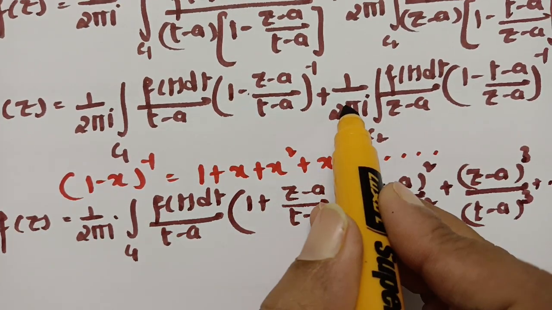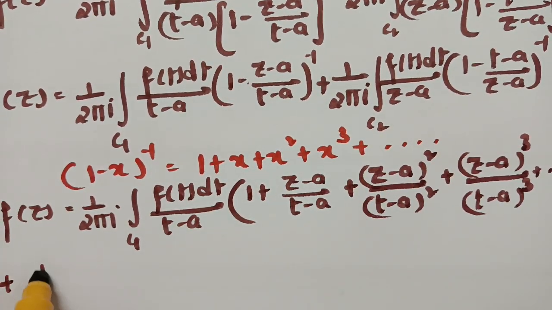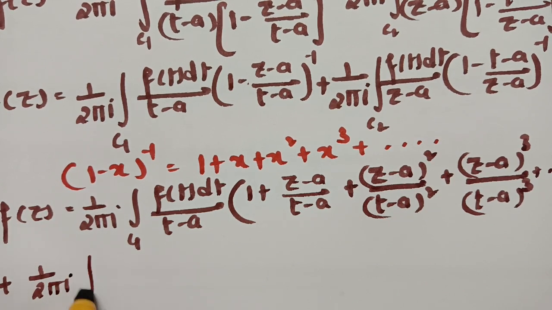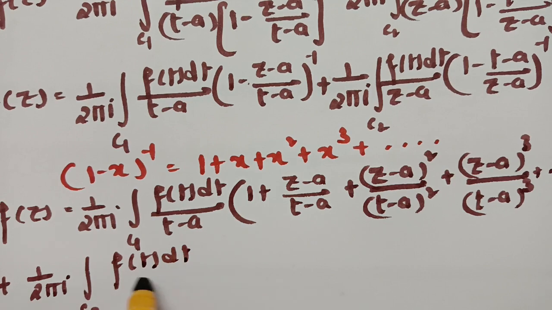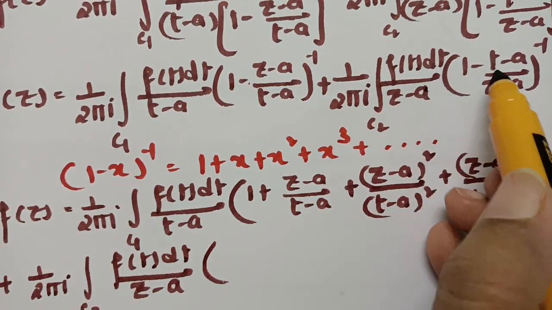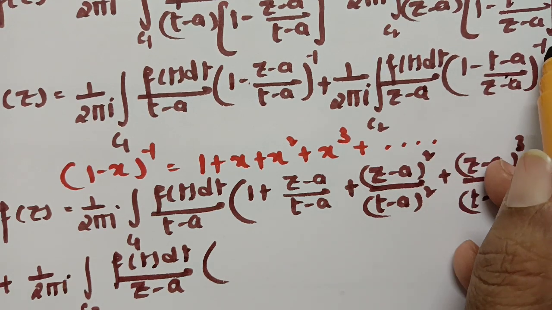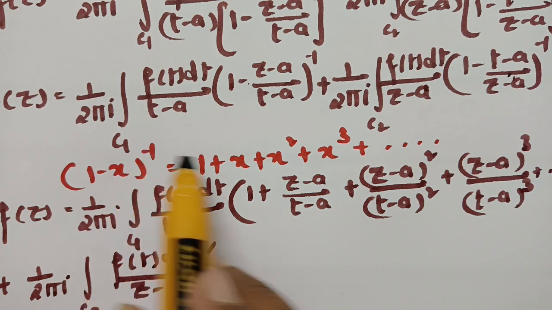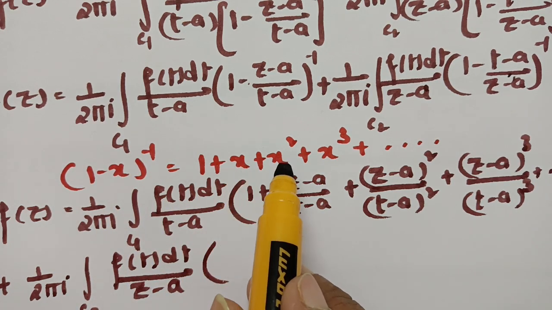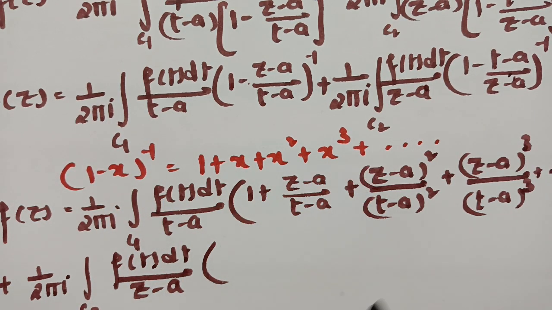Next one, this one is plus 1 by 2 pi i integral c2, so this is f of t dt by z minus a times this value. So if I expand, this is of the form 1 minus x whole inverse, so this will be 1 plus x plus x square plus x cube and so on.